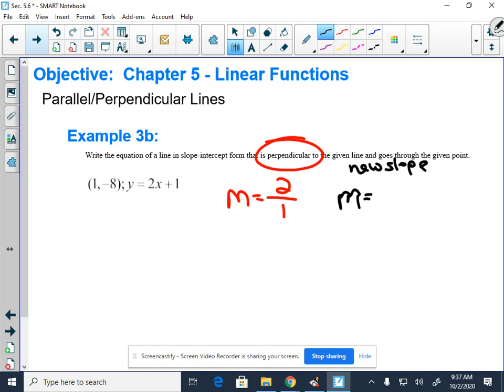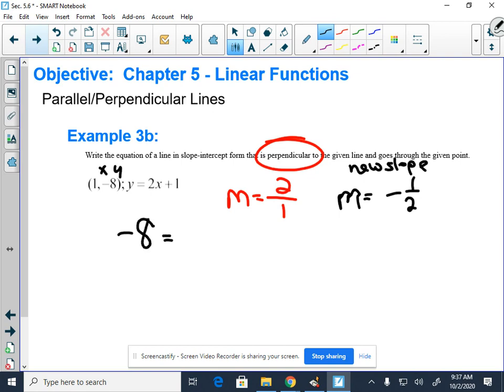Anybody think they got it? Don't say your name, but you can say the slope. -1/2. You got to flip it. Okay? So that's our new slope. So now, this is x, this is y.